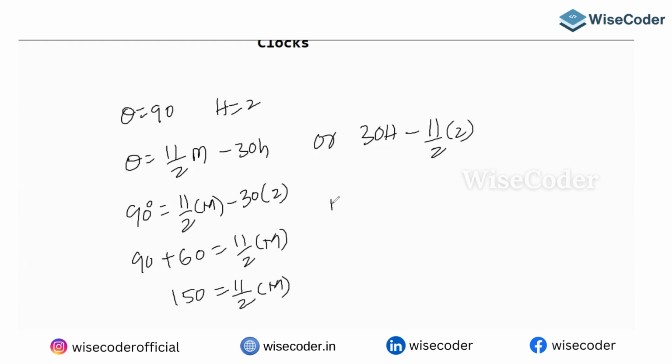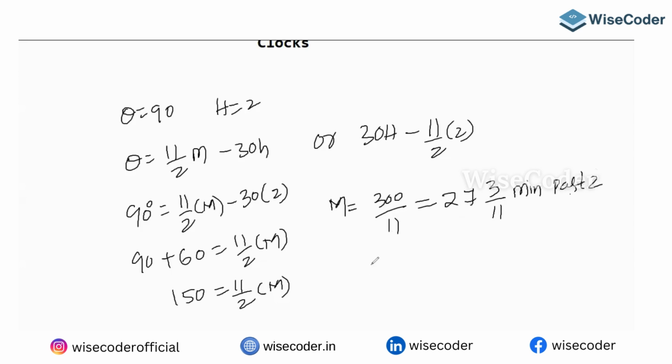You can say m is equal to, from here, 300 by 11. Yes or no? If you calculate that, you will get 27 3 by 11 minutes past 2.